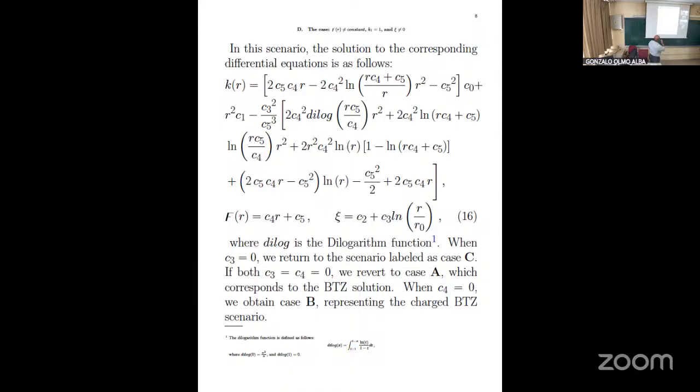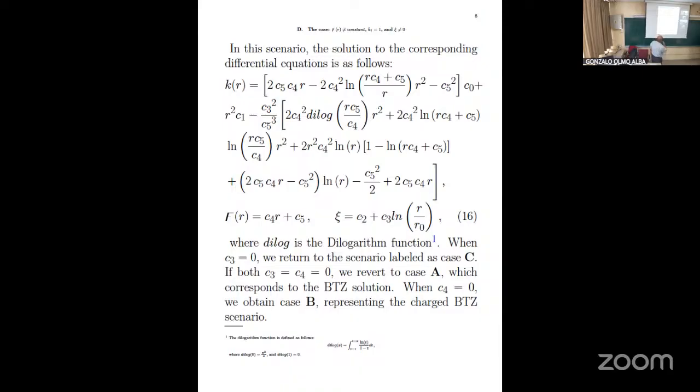In that case, here is the form of k, and here is the form of the electromagnetic field, and here is the form of f of r. So in that case, if we put C4 equal to 0, we recover the charged case of Einstein. And if we put C3 equal to 0, we recover the previous case where xi is not equal to 0.